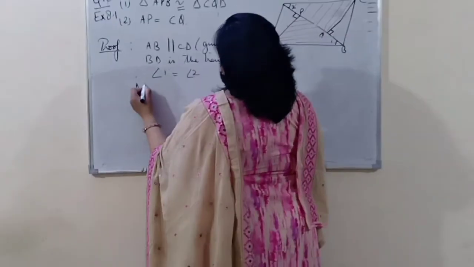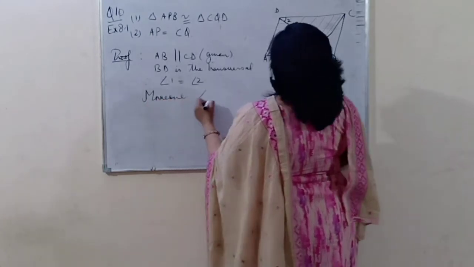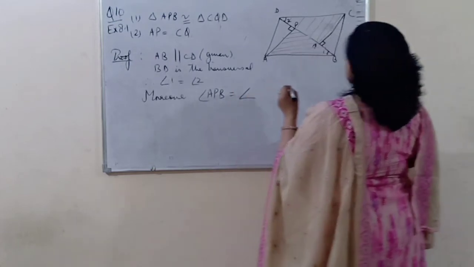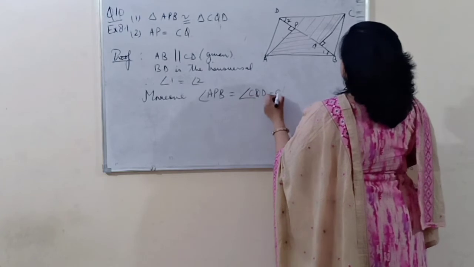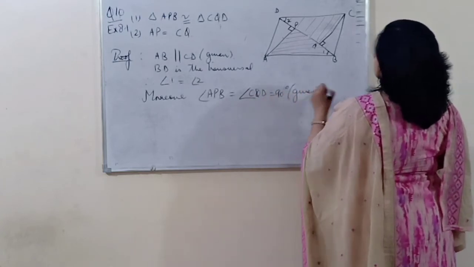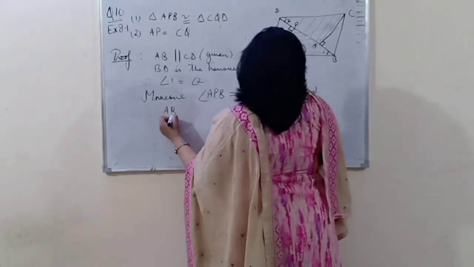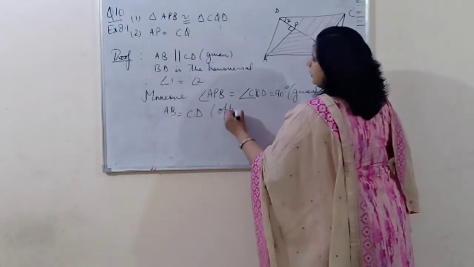Moreover, angle APB equal to angle CQD equal to 90 degree. This is also given. And third is AB equal to CD. Why? Opposite sides of a parallelogram are equal.